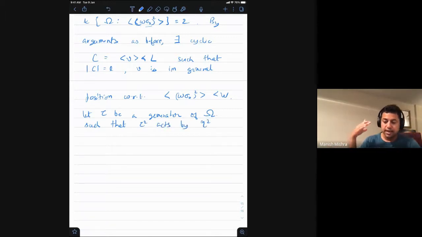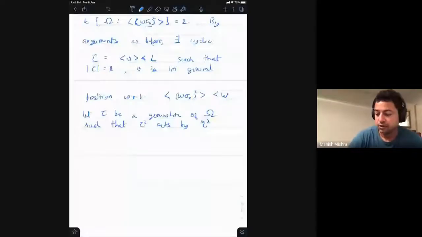Remember that cyclic groups have the property that there is a unique subgroup of a given order. Remember that omega sigma naught acts by q, so omega sigma naught square acts by q square. So we can choose a generator so that tau square acts by q square on C.